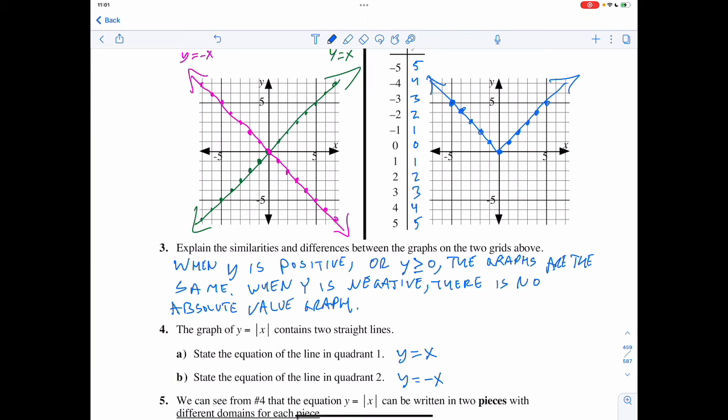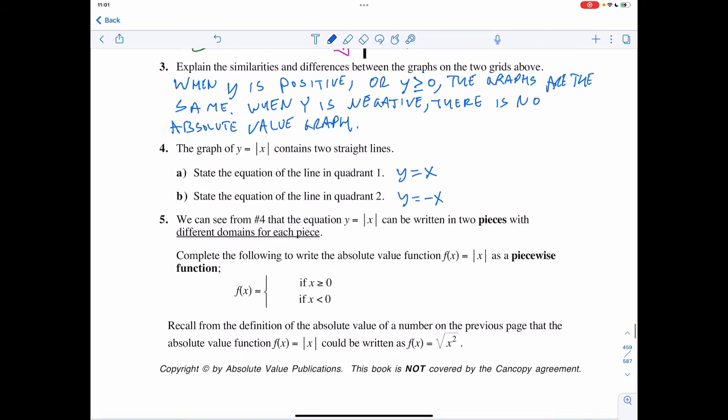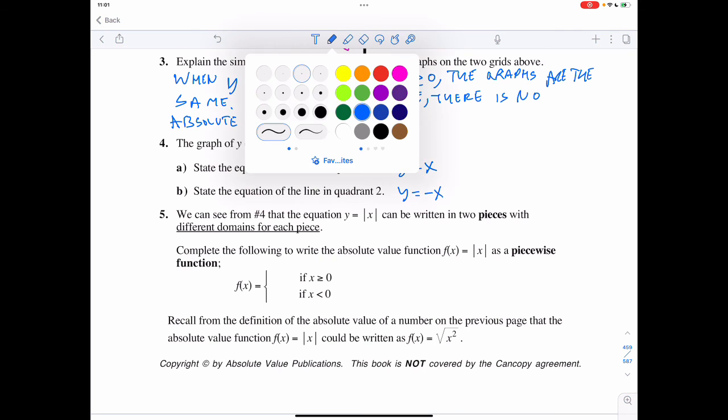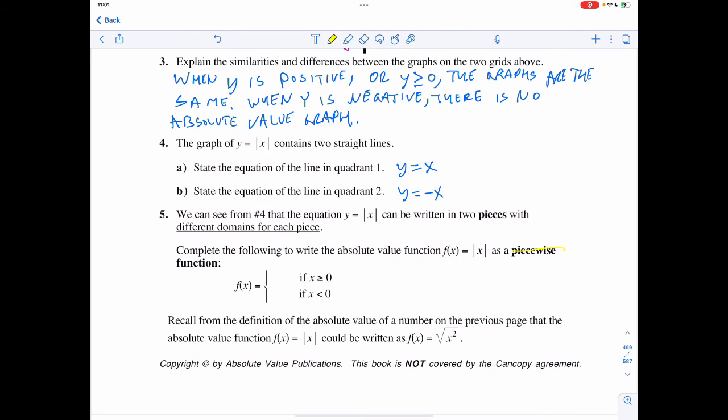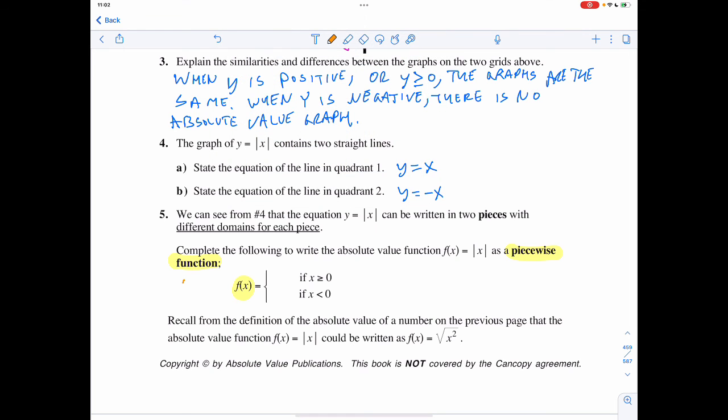So we can split the two straight lines into two pieces. And from there, we create what is called a piecewise function. If there's anything that really carries forward with you, this should be the big one. We can say that the graph in this case would be y is equal to the absolute value of x.